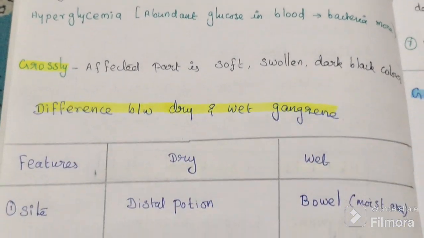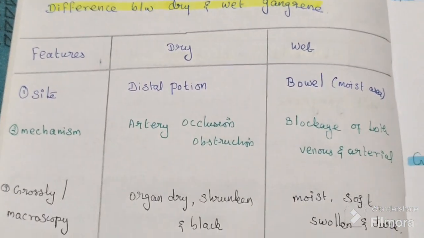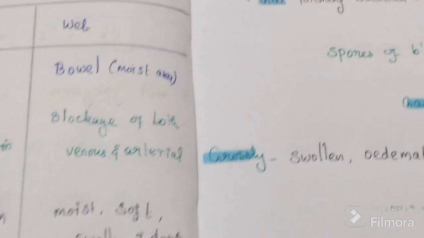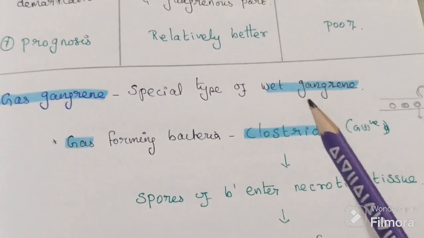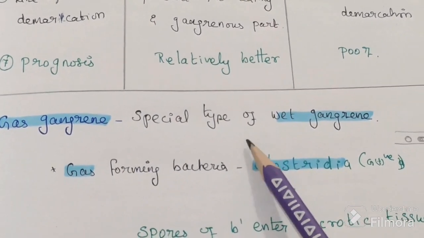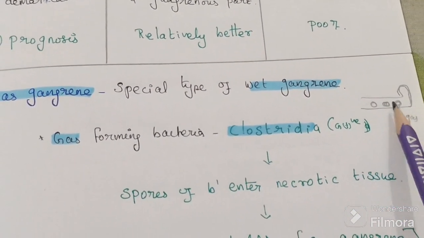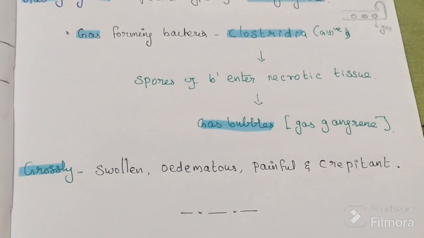That is the difference between wet and dry gangrene. The last one is gas gangrene, where inside there is no solid or liquid, only gas. Thanks for watching.